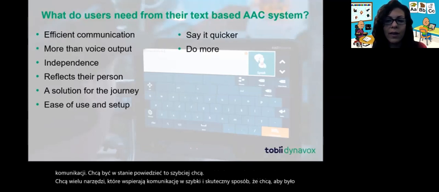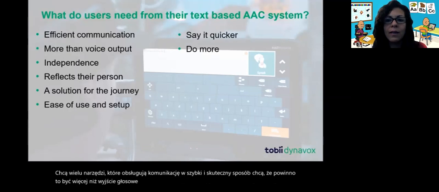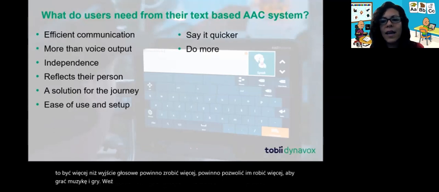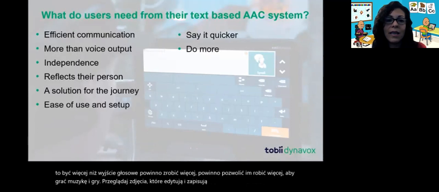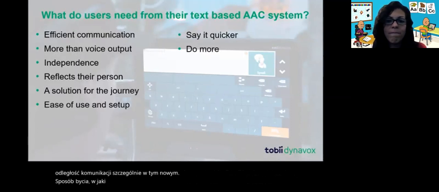It should allow them to do more, to play music and games, take and view pictures, edit and save text files, social media, distance communication, particularly in this new way of being that we find ourselves in today, and so much more.